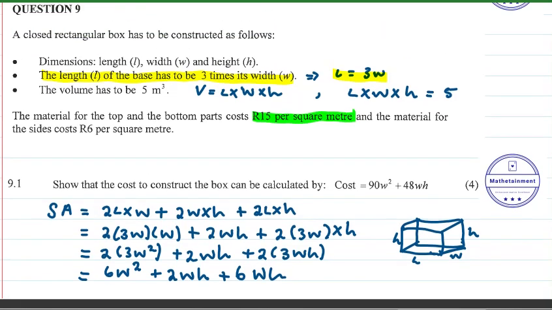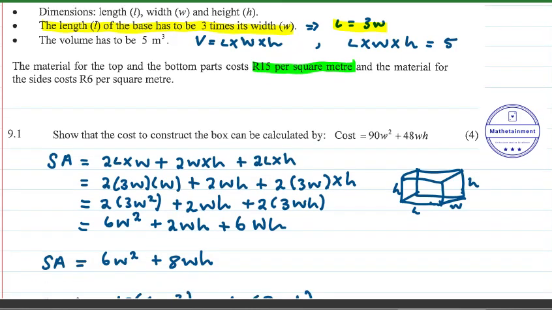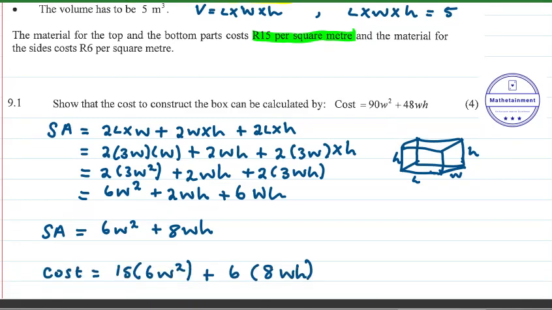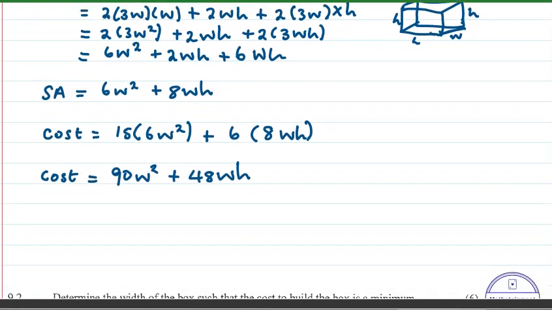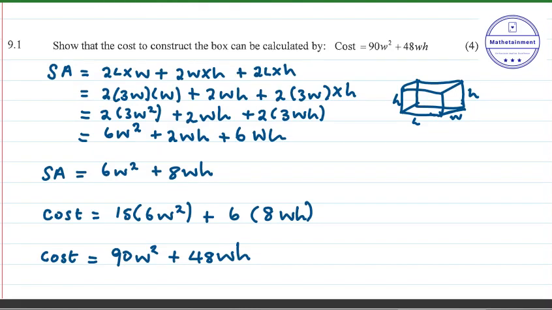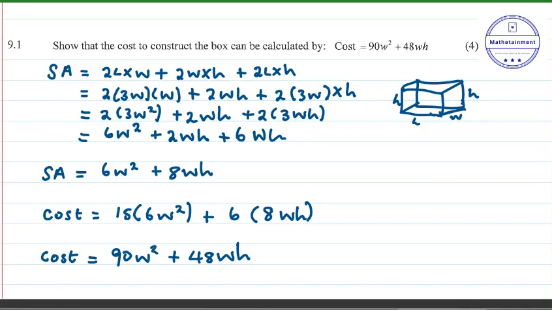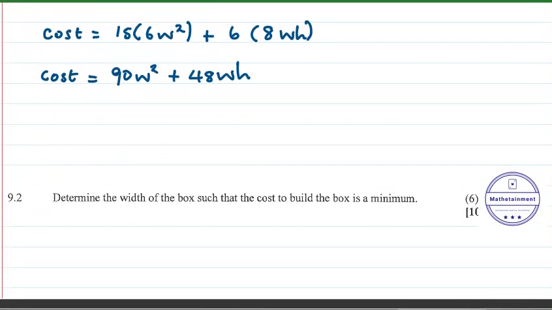But since we are told that the box is closed, we consider both the bottom part as well as the top part. So we did manage to prove that to construct this box, the cost can be calculated as 90W squared plus 48WH, which is width times height. Okay, moving forward.